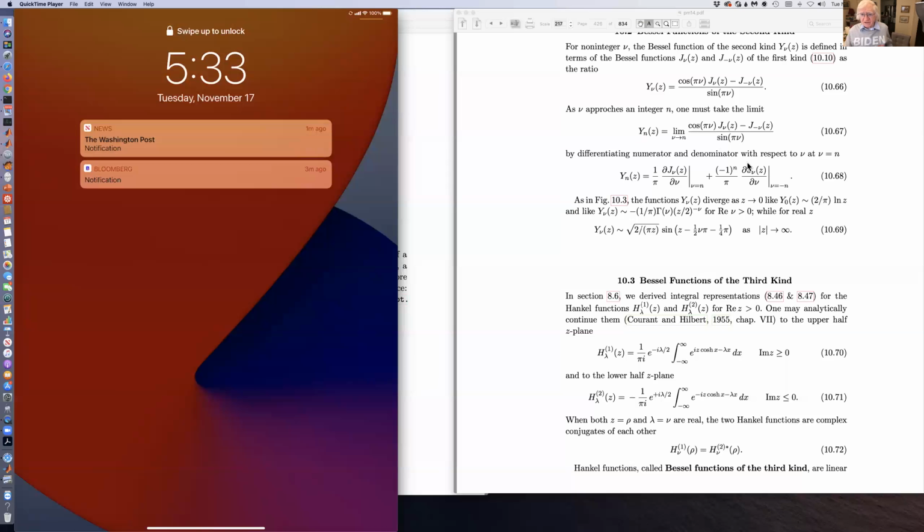And so what happens is that you get Y_n as 1 over pi, the derivative of J_nu, plus minus 1 to the n over pi, the derivative of J_nu, both at nu equal to n and nu equal to minus n.